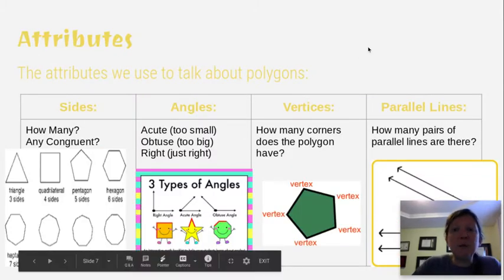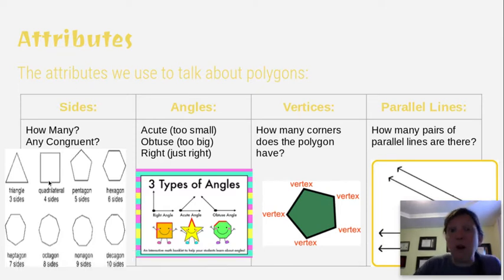All right, so when we're talking about attributes of polygons, remember that's how we name them. So sides, we went over why we name them by the number of sides that they have. We look at angles. We see a cute little angle, which is smaller than a right angle.